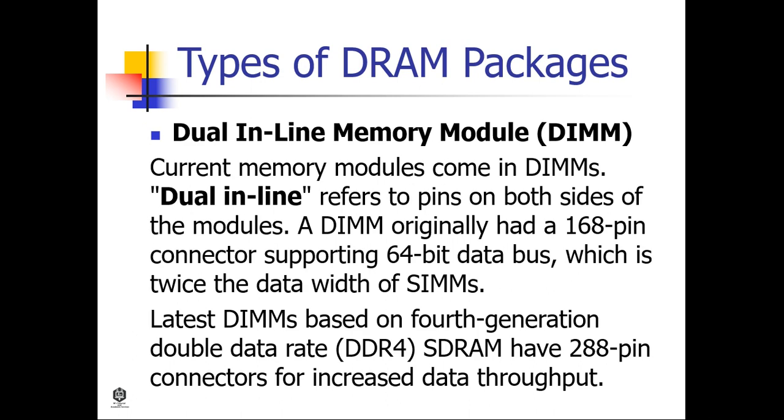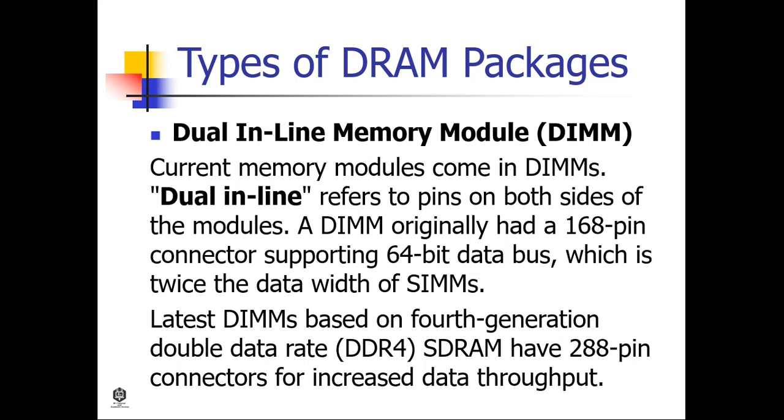Another type of DRAM package is the Dual Inline Memory Module, or DIMM. Current memory modules come in DIMM. Dual inline refers to pins on both sides of the module. A DIMM originally had a 168-pin connector supporting a 64-bit data bus, which is twice the data width of SIMM.